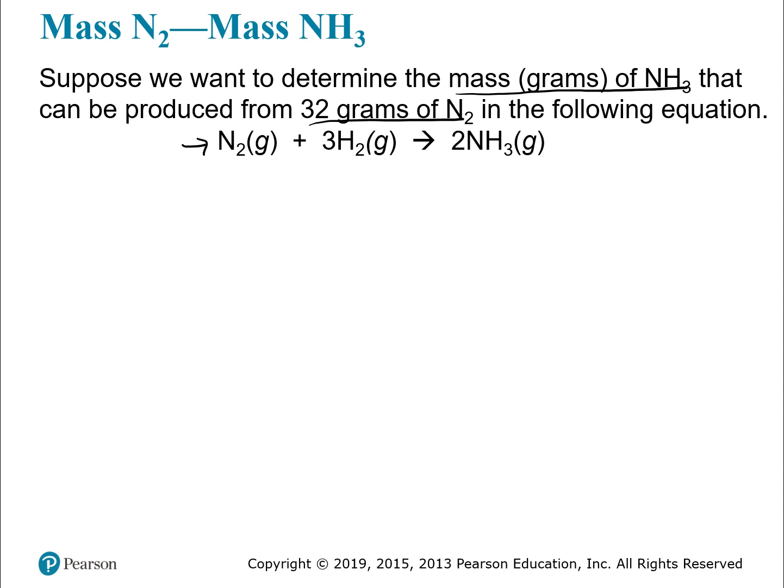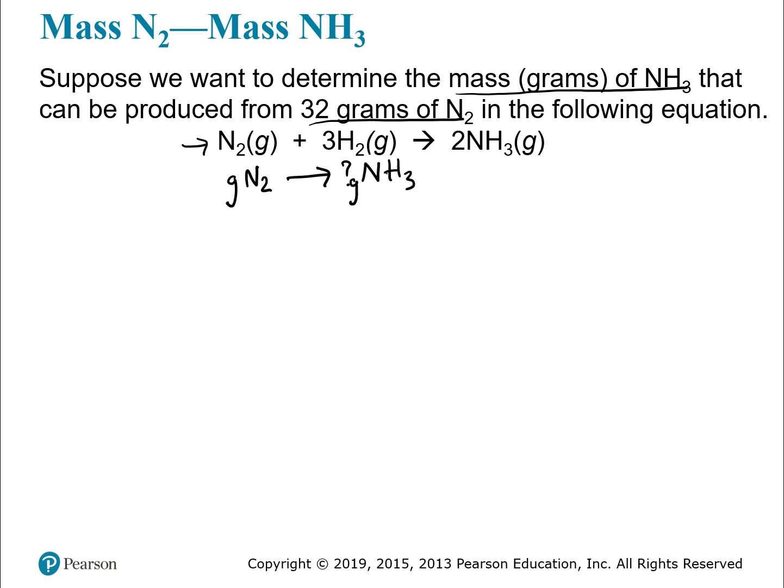When we write down what it is that we're looking for, we've got grams of N2, and we're trying to figure out grams of NH3. There is no way to directly go from one to the other.